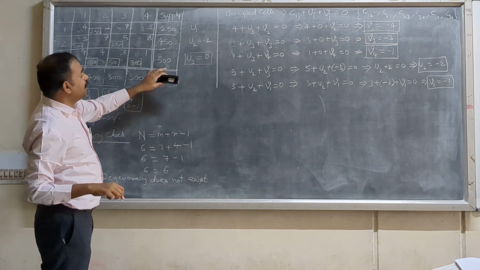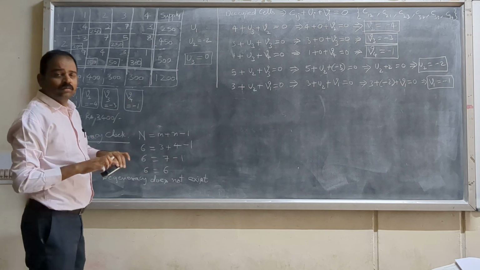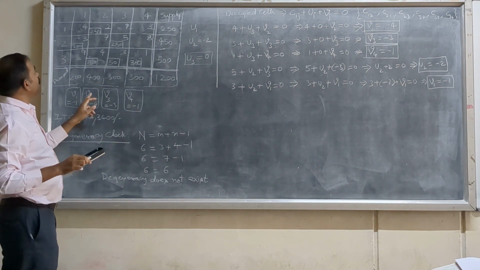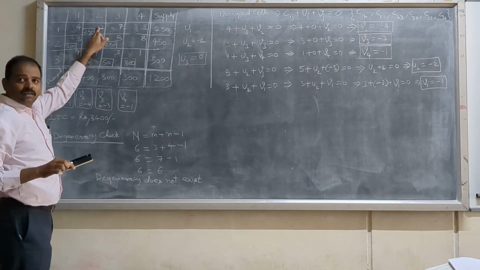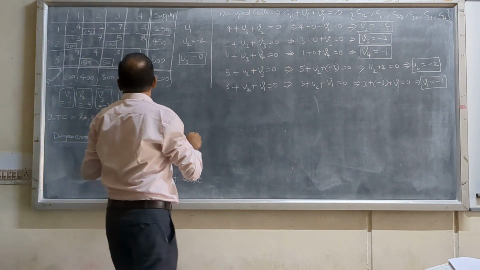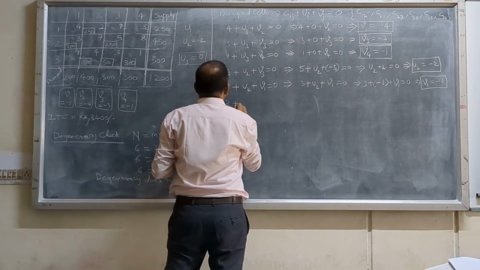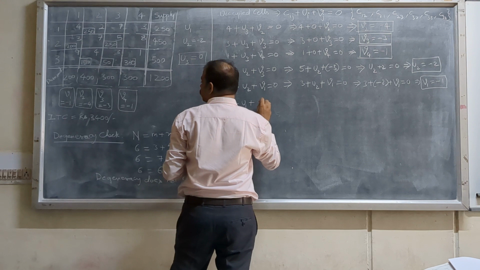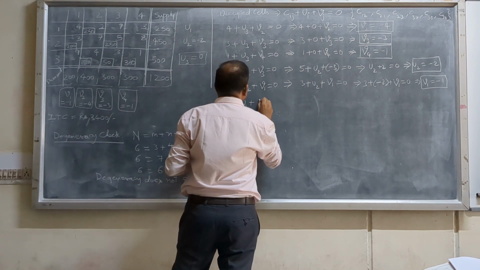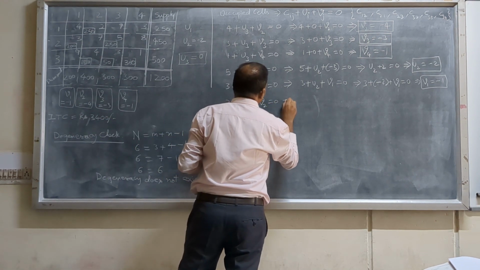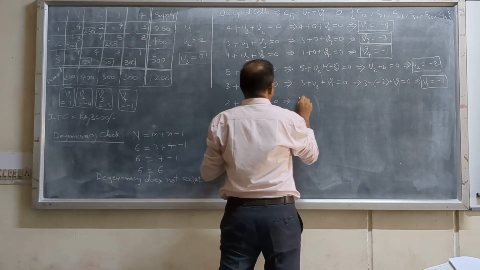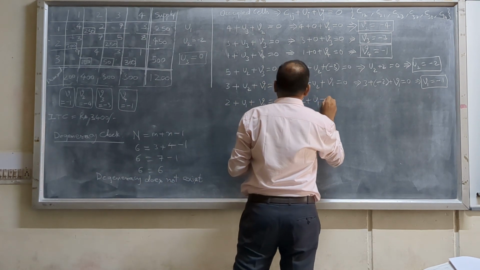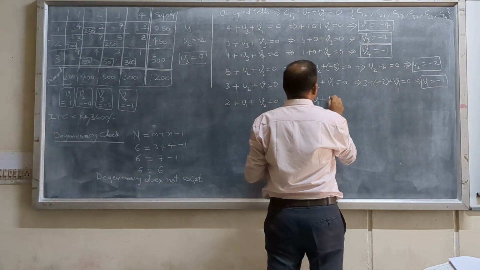So at the last, we don't know the value of U1. To find the value of U1, I will take this cell. 2 plus U1 plus V2. This implies 2 plus U1 plus V2 is minus 4.